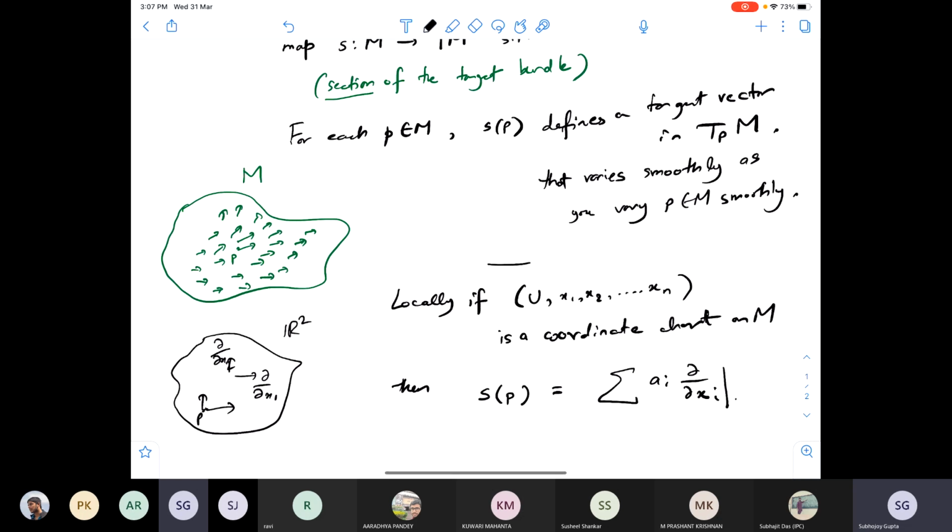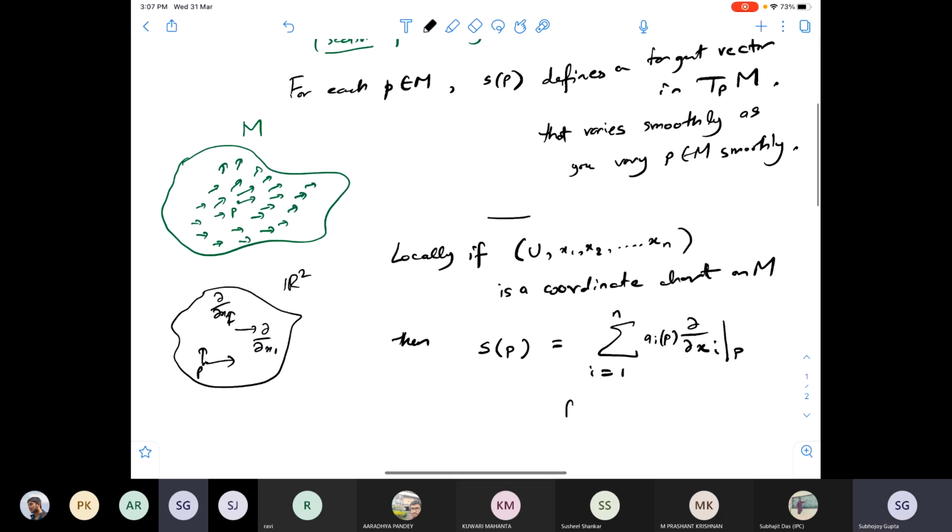And at every point P, you can talk of a linear combination where you have these coefficients a_i, and these a_i are also functions of P. So these are a_i of P, and for any P in U, you can describe your vector field as this kind of sum, where these coefficient functions a_i are smooth functions.